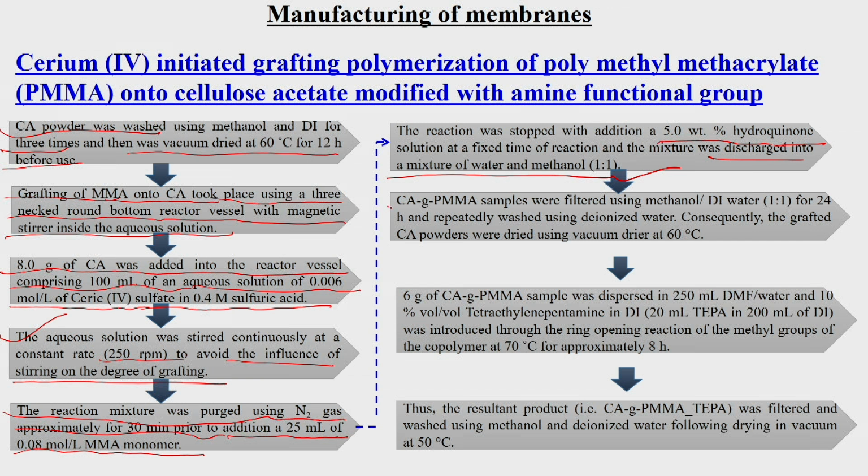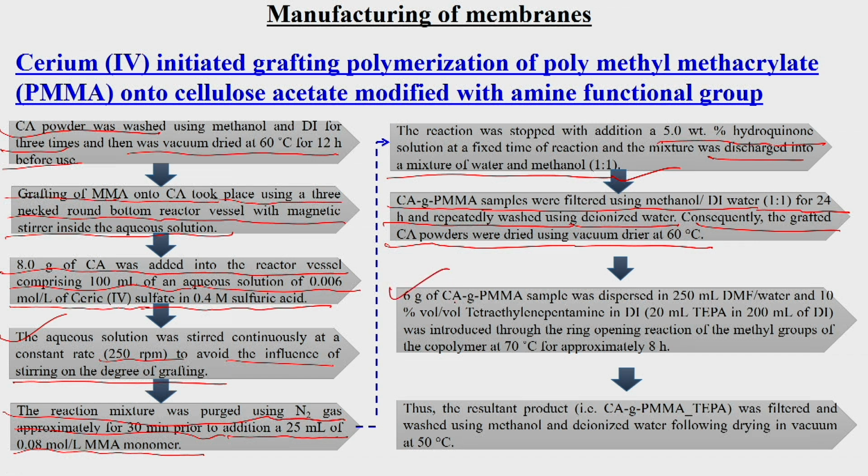Then cellulose acetate grafted PMMA samples were filtered using a methanol and deionized water 1:1 volume to volume mixture for 24 hours and repeatedly washed using deionized water. Consequently, the grafted cellulose acetate powders were dried using a vacuum dryer at 60 degrees Celsius.